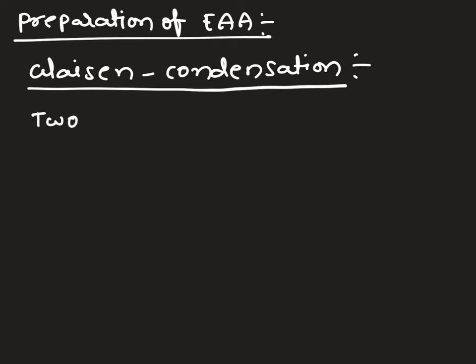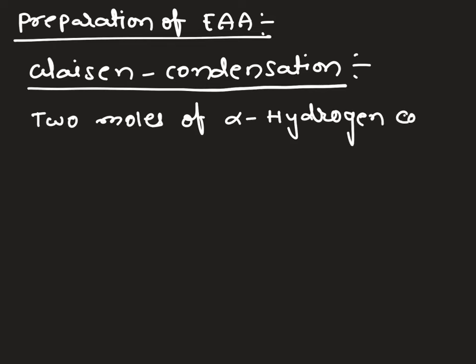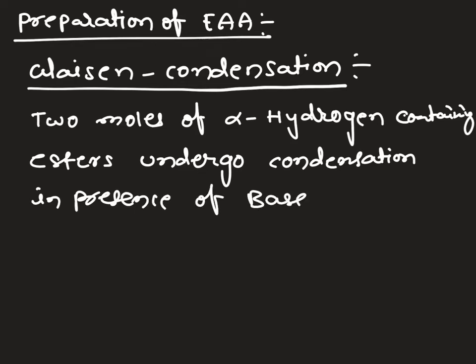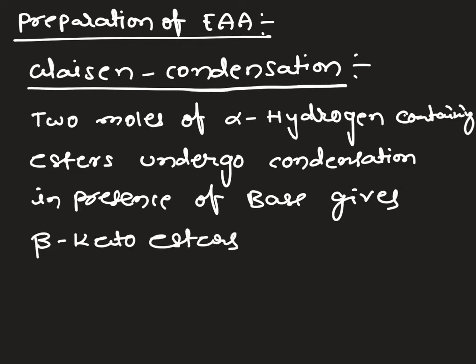2 moles of alpha hydrogen containing esters undergo condensation in presence of base and give beta keto esters, and this reaction we call the Claisen condensation.